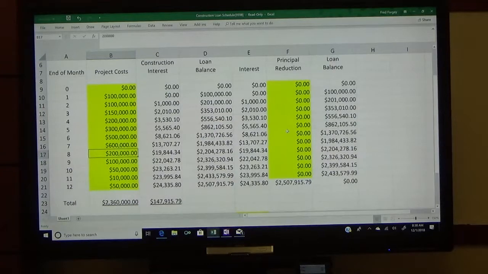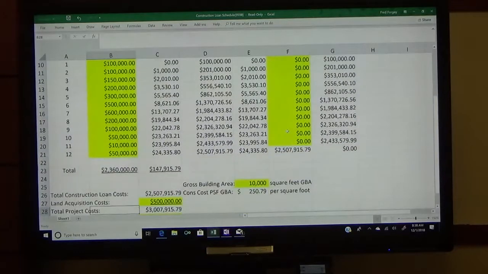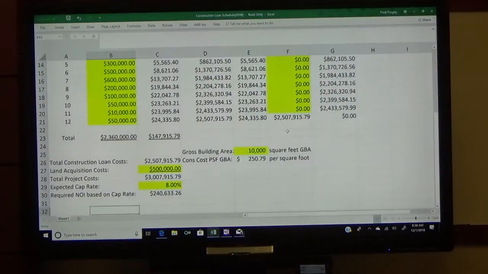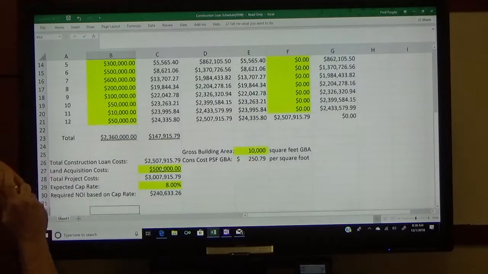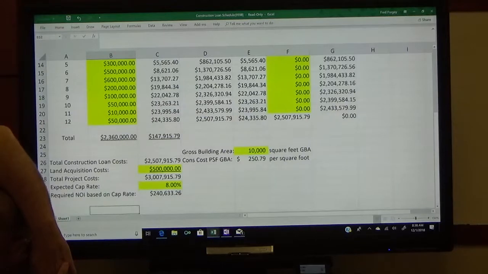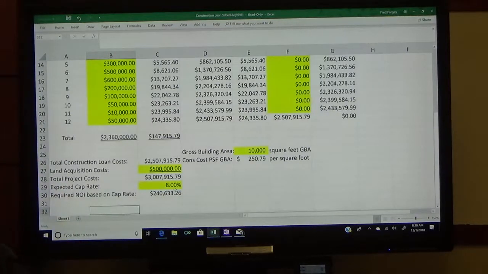Okay. Now, down here at the bottom, we've got a couple of other little calculations. The other inputs that you can fool around with are the gross building area, the square footage of the building, and then you can put in your land acquisition cost and an expected cap rate for resale.